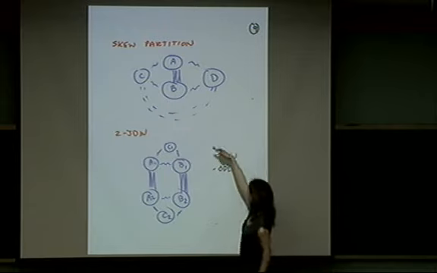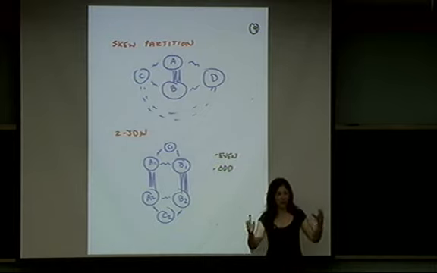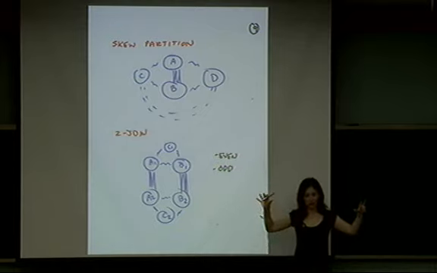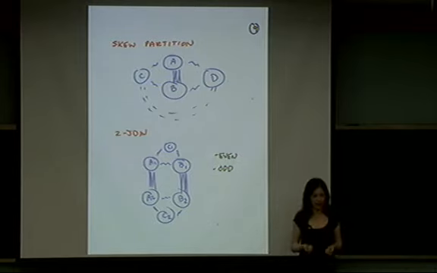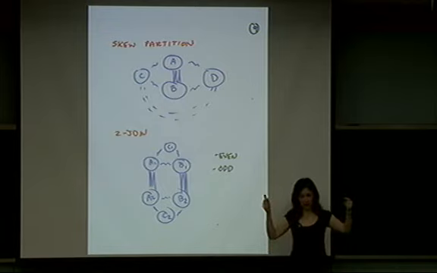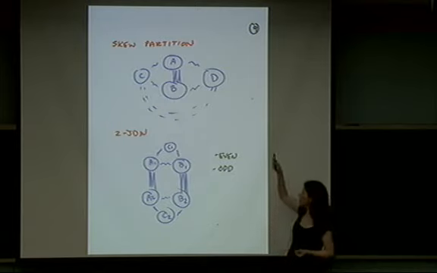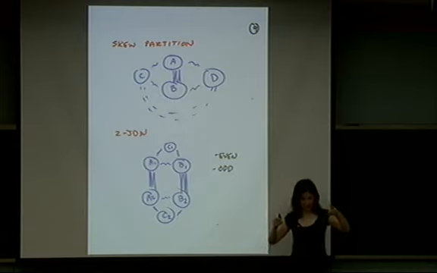So for example, in a skew partition, what are the important edges? It's important that everybody in C is non-adjacent to everybody in D, and it's important that everybody in A is adjacent to everybody in B. So I'll say every pair with one end in C and one end in D is a non-edge. Every pair with one end in A and one end in B is an edge.